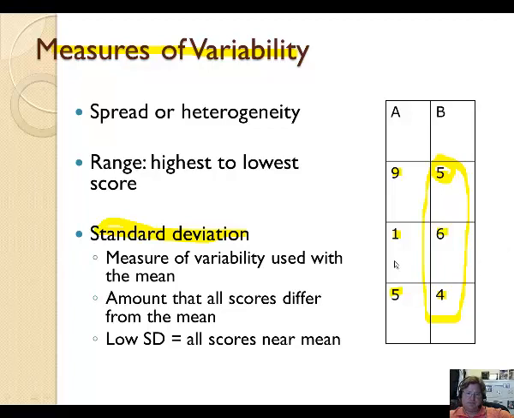However, in this example, we know that their standard deviation is going to be higher because even though the mean would be the same, it's going to be 5 because it's 15 divided by 3, these two scores differ quite a bit from the mean of 5. This group over here also has a mean of 5, 15 divided by 3, but each of these scores is very close to that mean.